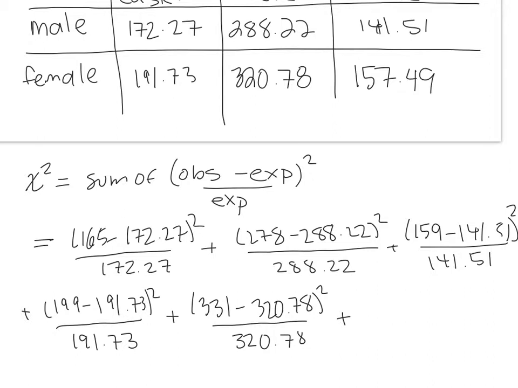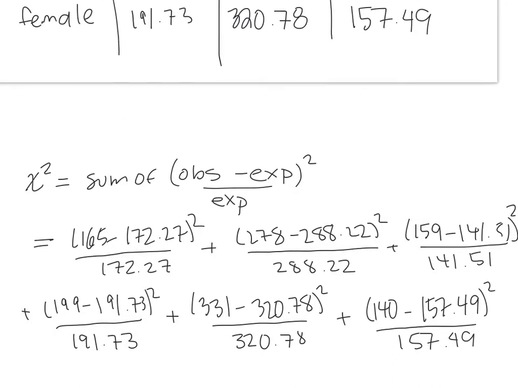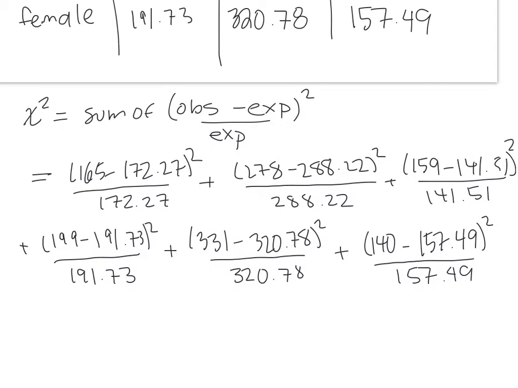And then finally, plus 140 minus 157.49 squared over 157.49.